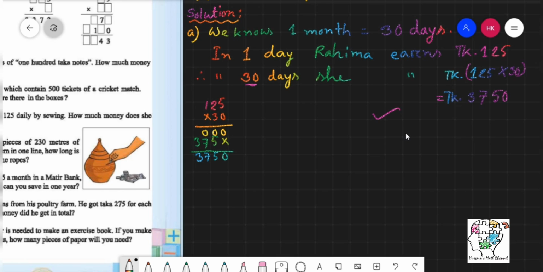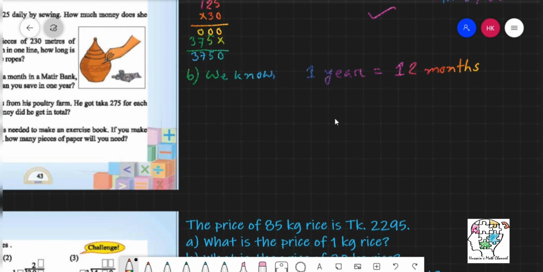750 taka, that means the answer of number A, then we can easily find the yearly income of Rahima. So again we can write, we know 1 year is equal to 12 months. So if we write here like this, from A we already got that she earns in a month.